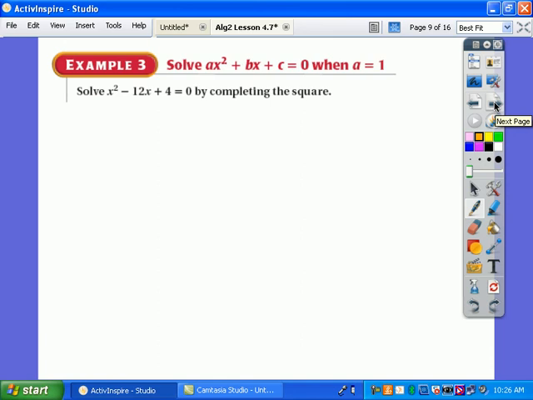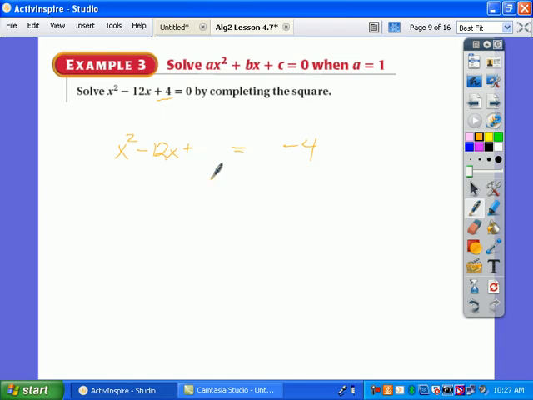The first thing we see is that there's a 4 here, and this 4 is absolutely useless, so we just need to get it out of the way. So x squared minus 12x equals -4. Notice I left some space in there, because we're going to add in the number that we need to complete the square.